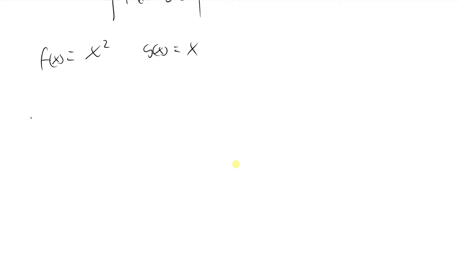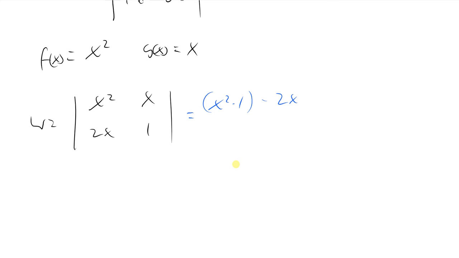So our Wronskian is going to be x squared, x, 2x, and 1. And now in order to solve the determinant, we're going to do x squared times 1 minus 2x times x.